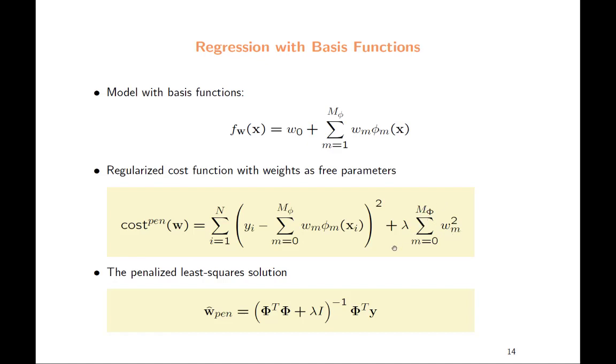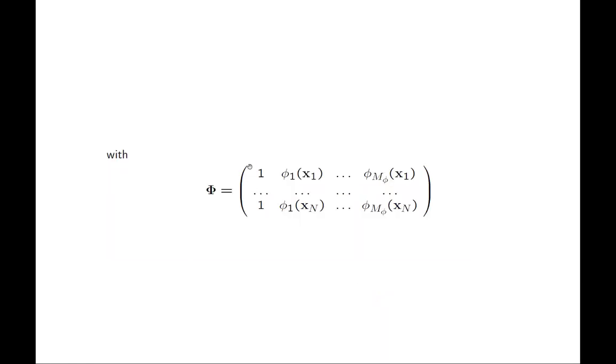And the solution is exactly the same as before, only that x transpose x is now replaced by phi transpose phi, plus lambda I, inverse of that, times phi transpose y. This phi has as many rows again as there are data points, and the columns are different now. They're not the original inputs, but the outputs of the basis functions.